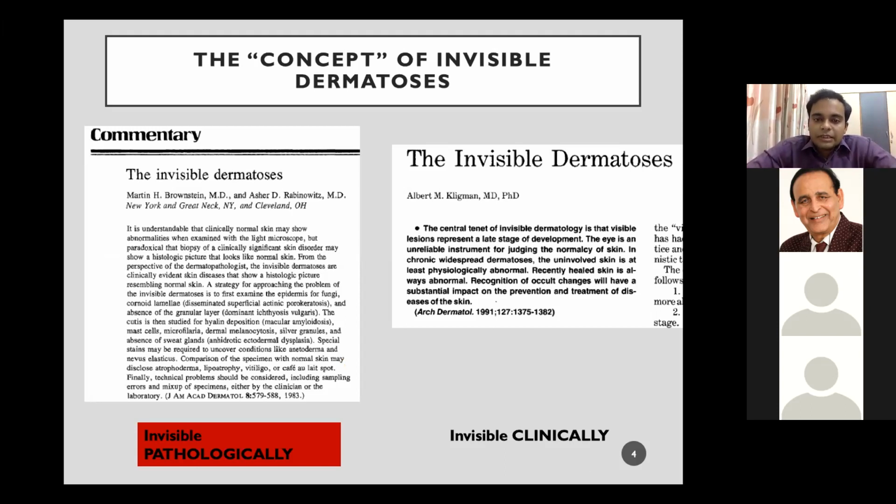Those were the cases where histology was not able to contribute, so they were labeled as invisible pathologically. But then some authors like Dr. Kligman brought in the terminology of dermatoses which are invisible clinically.